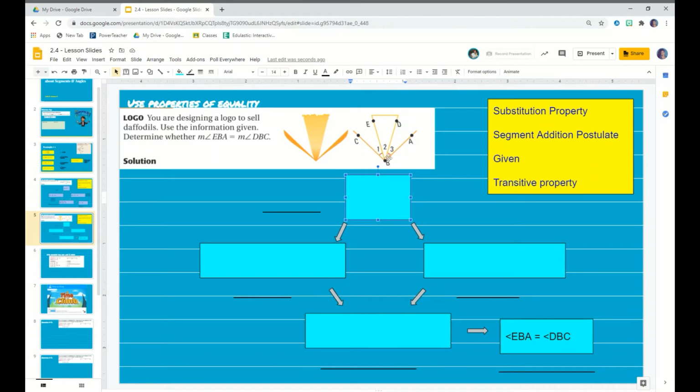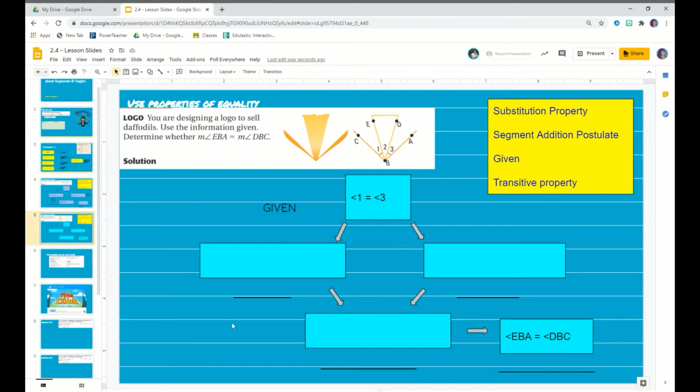In this one, I wanted you guys to log into Nearpod, but obviously we can't do that. We will try Nearpod next class. So here's a four-step example. On the quiz, I might ask you something like this, to come up with the reasons. You'll usually have the option to pick your reasons.